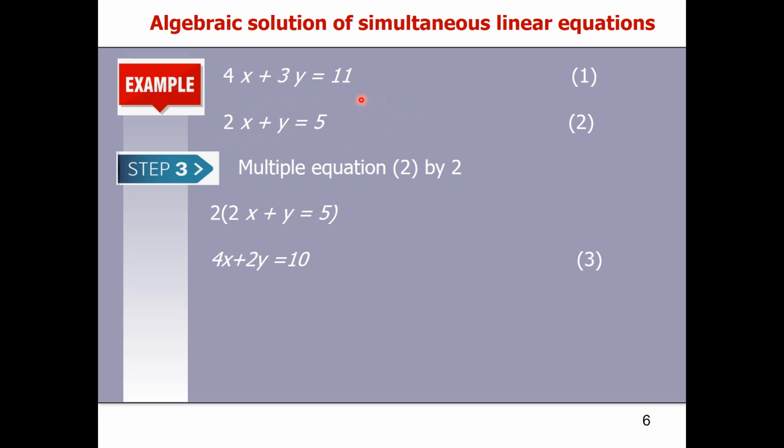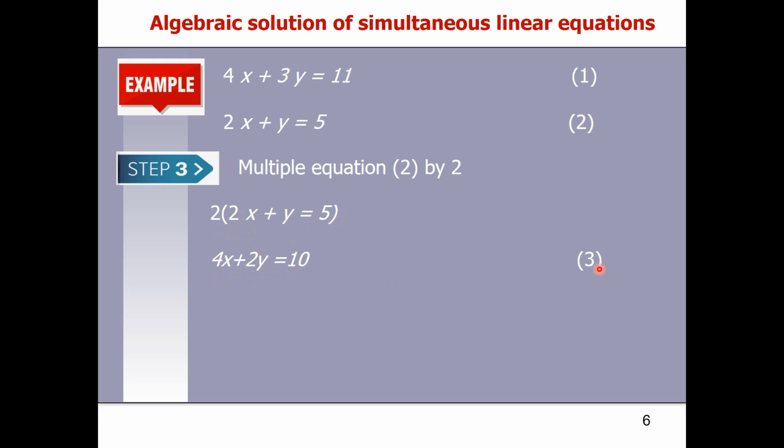So if we multiply equation 2 by 2, then we get 2 multiplied by the whole equation. This is the property of the equation: we have to multiply each side of the equation by 2. So expand this bracket: 2 times 2x is 4x, 2 times y is 2y, and 2 times 5 is 10.